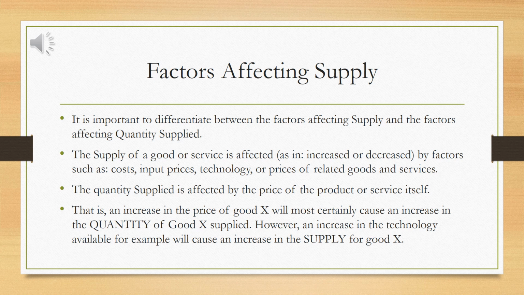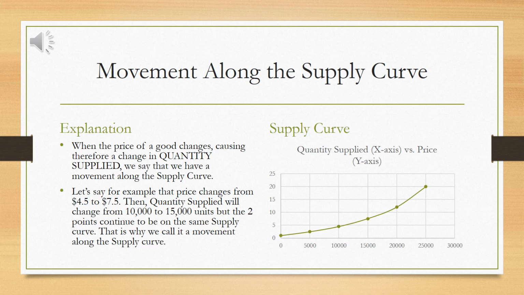That is, an increase in the price of good X will most certainly cause an increase in the quantity of good X supplied. However, an increase in the technology available, for example, will cause an increase in the supply of good X. When the price of a good changes, causing therefore a change in quantity supplied, we say that we have a movement along the supply curve.